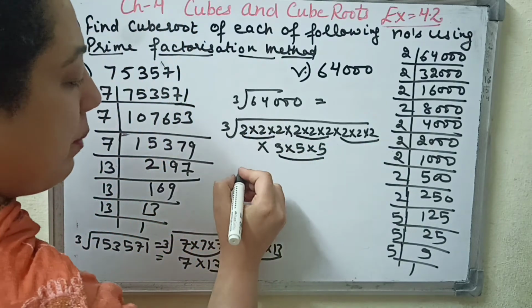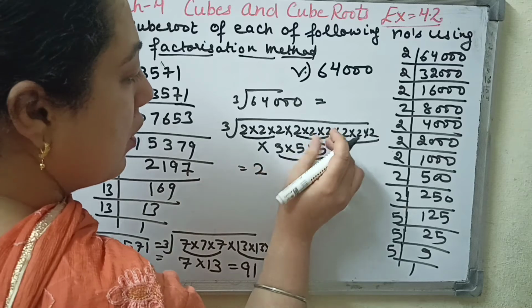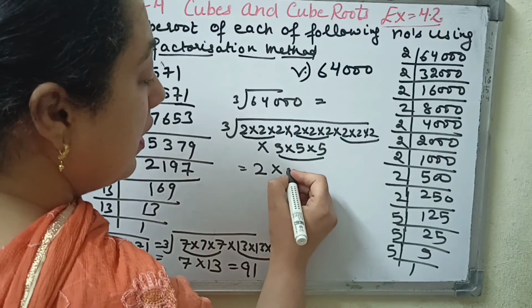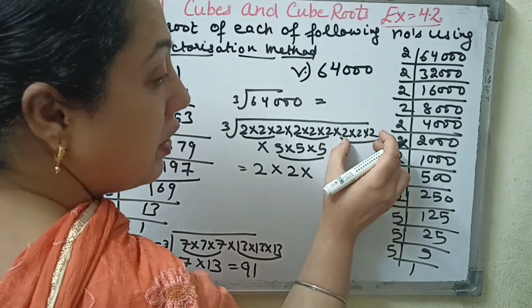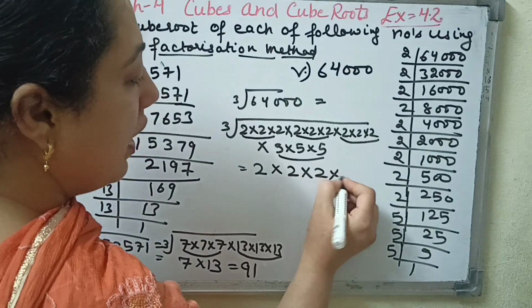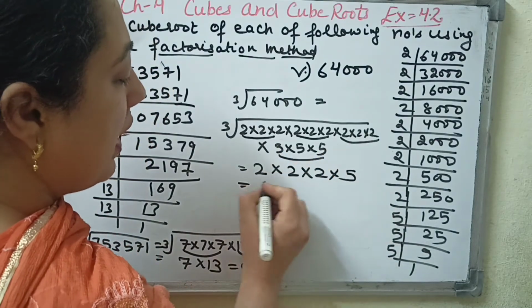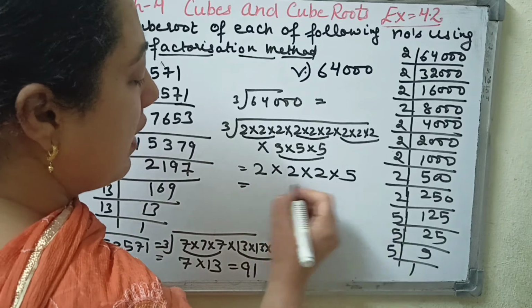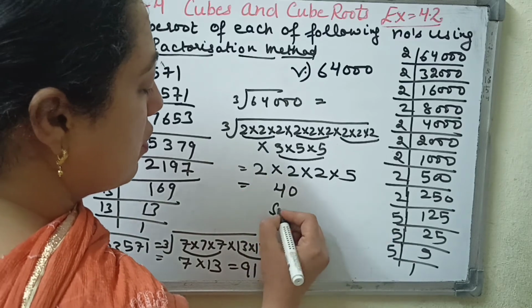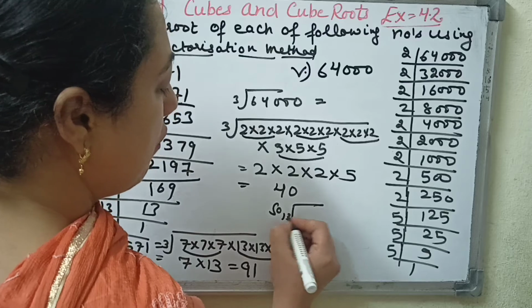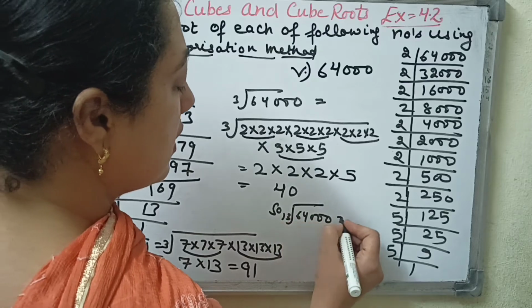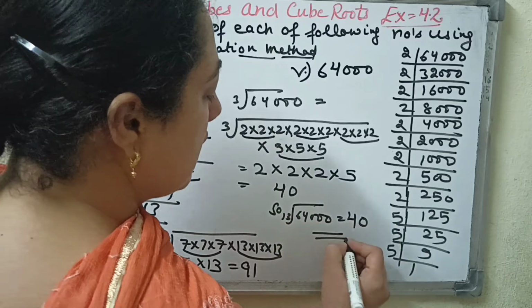Corresponding to each group of three 2s, we write down one number 2, so we write 2 three times, and corresponding to the fourth group, that is 5. Now, I multiply: 2 2s are 4, 4 2s are 8, 8 5s are 40. So, the cube root of 64,000 is 40. That is your answer.